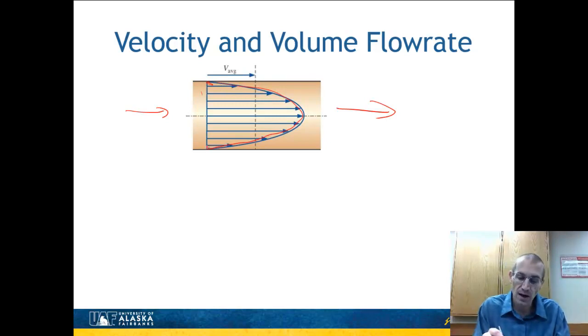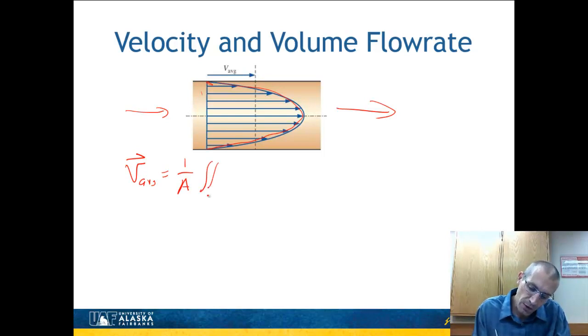What this means is that the velocity at any particular point depends on where I am in the cross-section of this pipe. The same argument would apply for square ducts as well. If we wanted to talk about an average velocity, we could define it by integrating over the area: a double integral over the area of the local velocity.